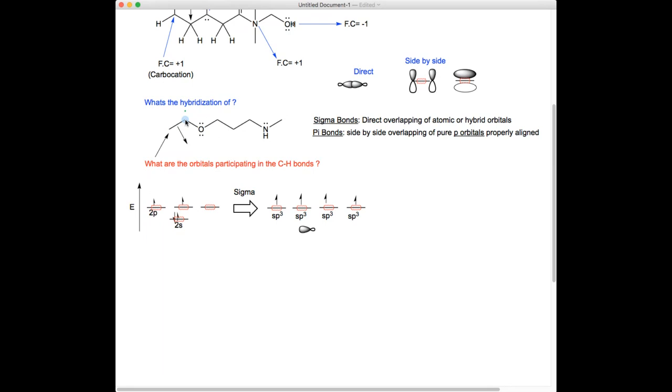So how can you even envision this better? Let's assume this carbon, as I said, is going to hybridize its atomic orbitals before bonding to anything else. 4 hybrid orbitals. So the first 3 hybrid orbitals are going to be used for bonding to hydrogens.